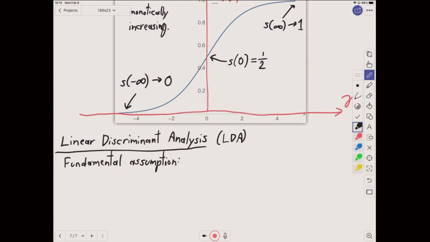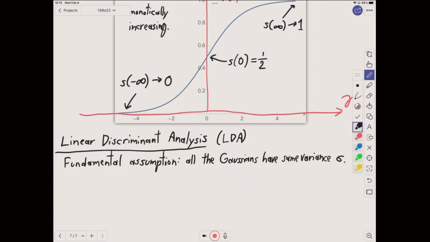We retain the assumption that every class is normally distributed, but now we add the assumption that every Gaussian has the same variance. So sigma is the same for every class. And next week we'll do that with a covariance matrix instead of a scalar variance.